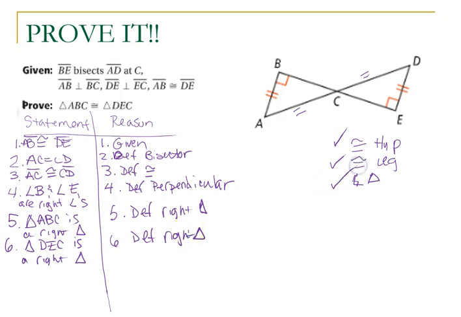Whew, I met the third criteria. I've got the hypotenuses, the leg, and the right triangle. I can now state that triangle ABC is congruent to triangle DEC by the famous HL theorem. You can see QED. Remember when we did that way back when we were learning proofs? That's Latin for I'm done. Okay, great. So see you guys.